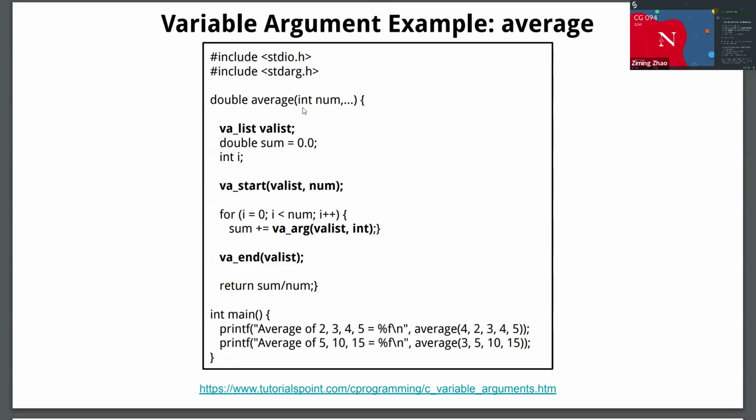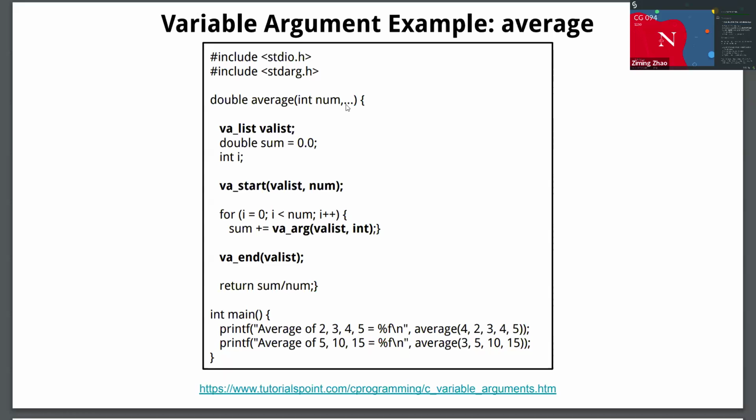For the first argument, we know the type and the name: the type is int, and the name is number. However, for the second argument, we don't have its type and we don't have its name. We just use three dots to represent that there could be many arguments.